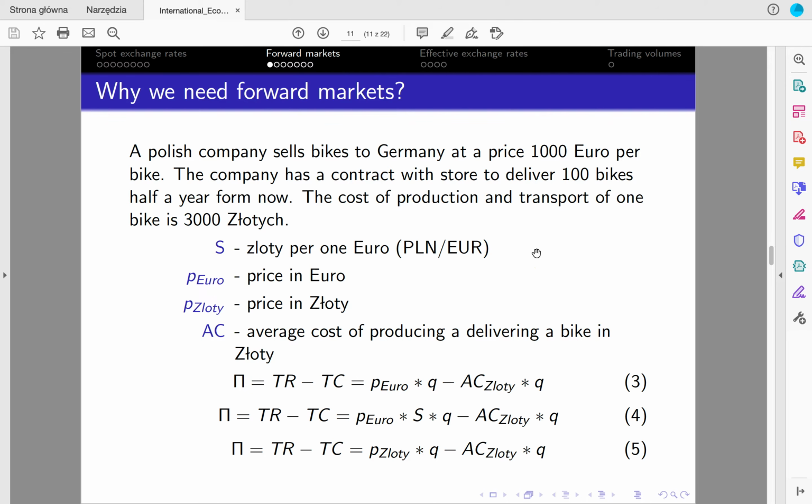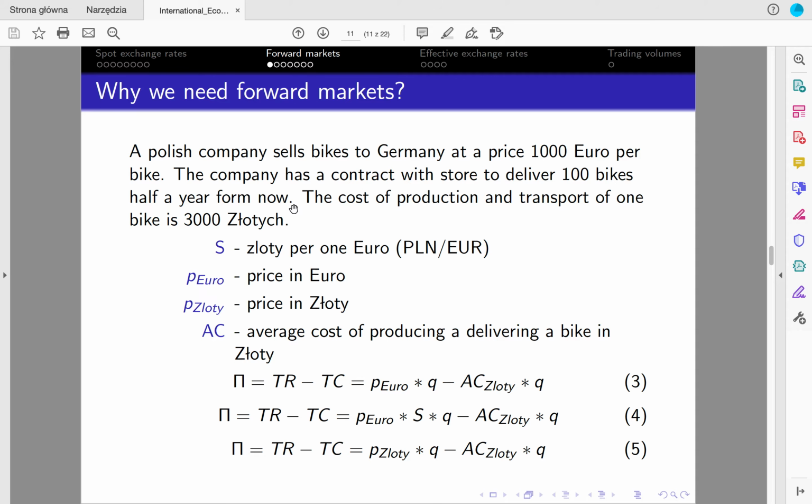Let's just say that we've got a Polish company, and that Polish company is selling bikes to Germany at a price of 1,000 euro per bike. Now, the company has a contract with some store in Germany to deliver 100 bikes half a year from now.